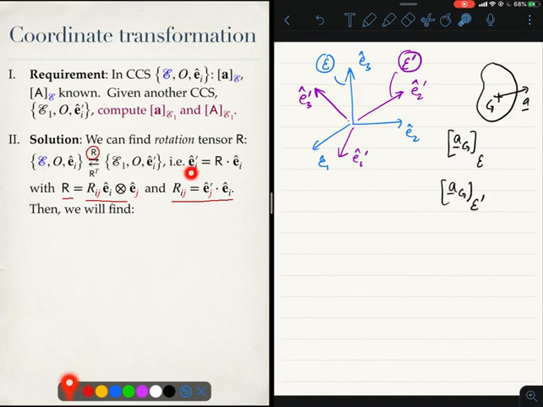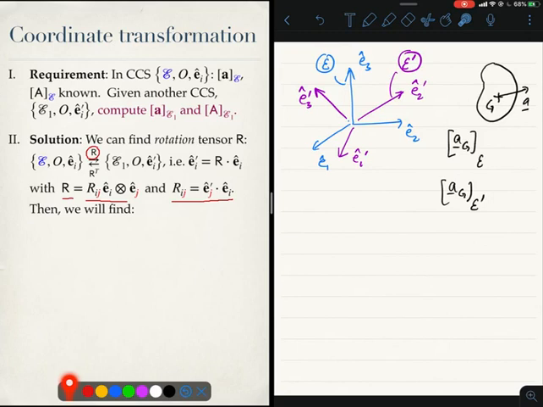So the unit vectors of the new coordinate system, it's not really new, it's just another coordinate system, are related to the unit vectors of the previous coordinate system by this rotation tensor, provided R is defined with components like that. And this R is defined in terms of the unit tensor in E. These are little details which we have worked out well before, but you have to get used to.